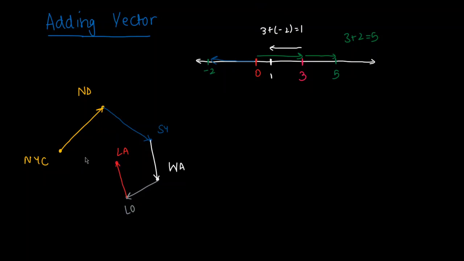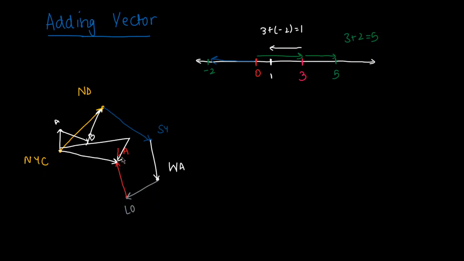It doesn't even matter what the sum of whatever paths you have taken is. As long as you're getting between New York City and Los Angeles, you're just taking the straight path in between. That means instead of going to New Delhi, if you had taken some off route, you could have gone to city A, you could have gone to city B, then New Delhi, or you could have just gone from NYC to some city A and from there to LA.